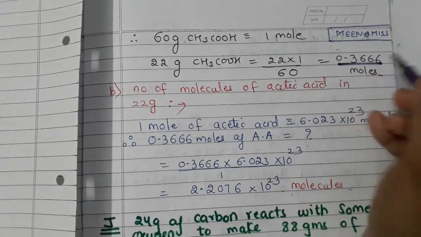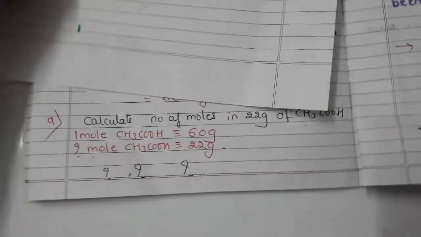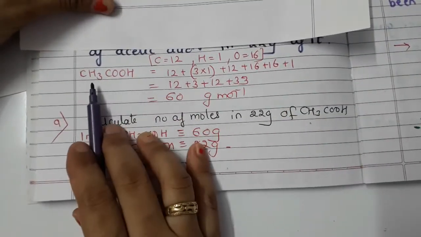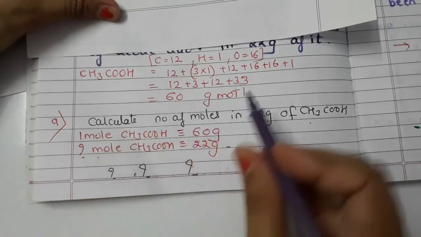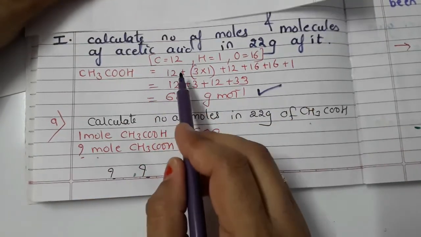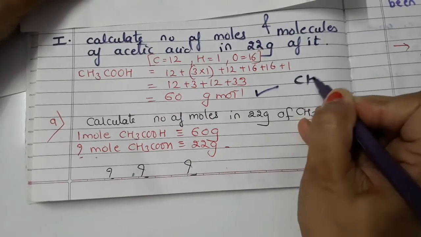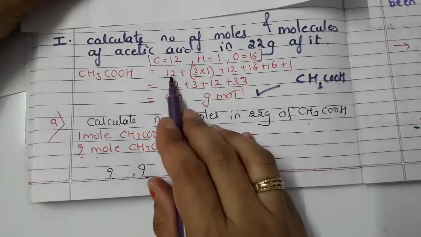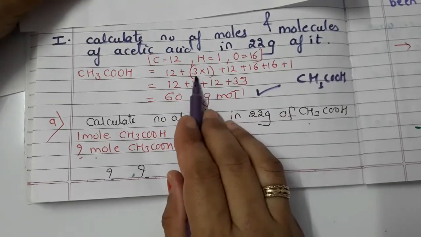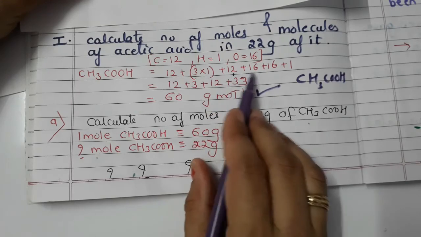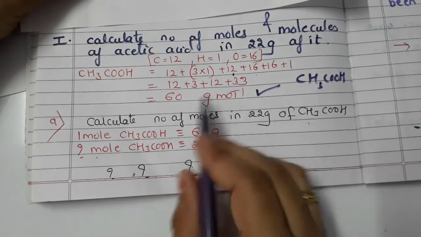This is the moles I have calculated. First I calculate the acetic acid molar mass. It is 60 grams per mole, as you can see I have written here, CH3COOH. For carbon I write 12, for hydrogen 1 into 3, for carbon 12, 16 for oxygen, and hydrogen, 60 I got.